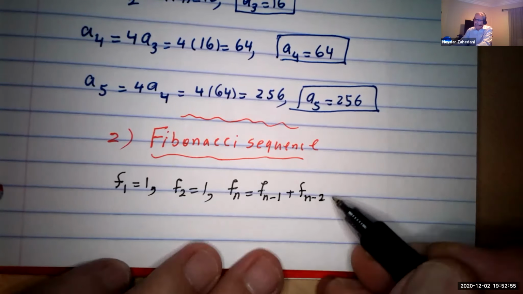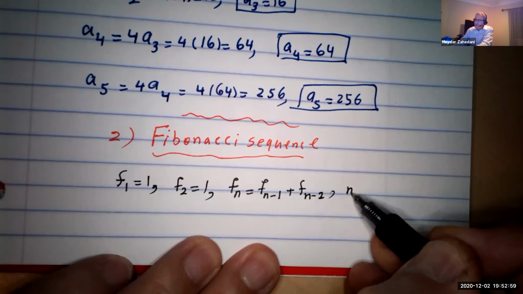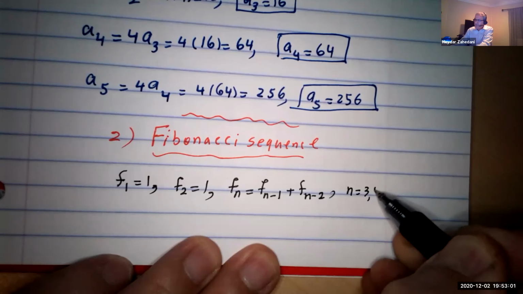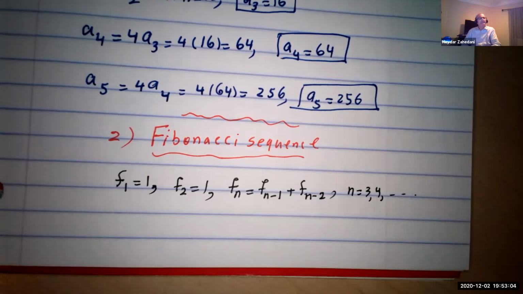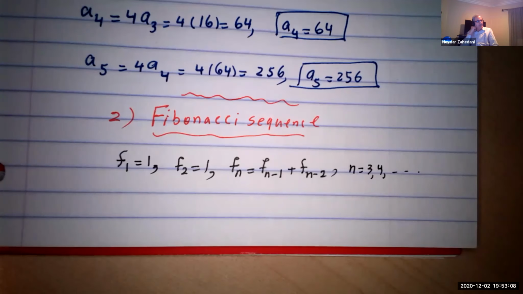Of course, you have the 1 and the 2, so this n starts with 3, 4, etc. This sequence is called the Fibonacci sequence. Let's find the first 5 terms that we talked about, and see what the terms are.